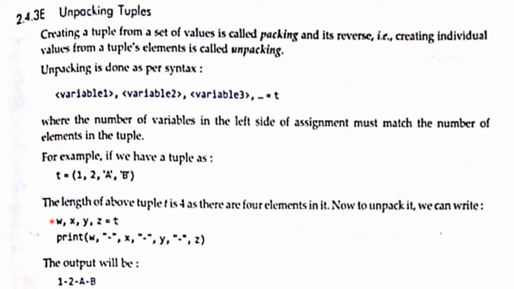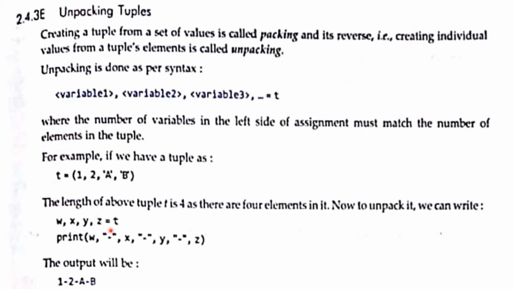The example is given: T is equal to 1, 2, A and B. The length of the above tuple is 4 as there are 4 elements in it. To unpack this we can write W, X, Y and Z, so these 4 values on the left hand side.